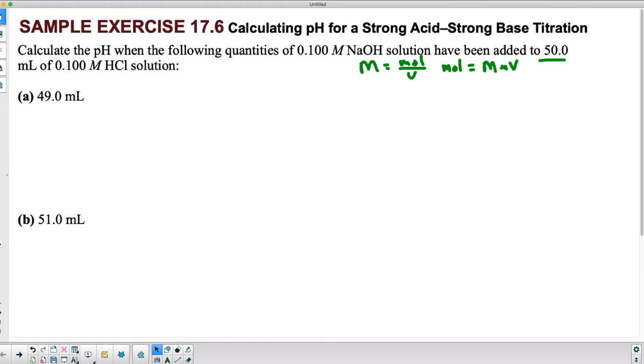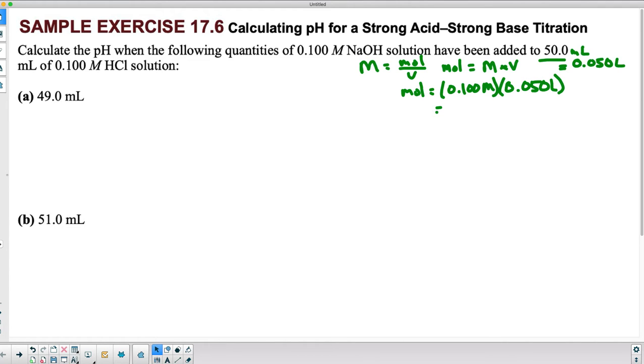So my concentration is 0.10 times the volume. The volume is the one thing I do have to change: 50.0 milliliters has to be changed to liters, so it's 0.050 liters.